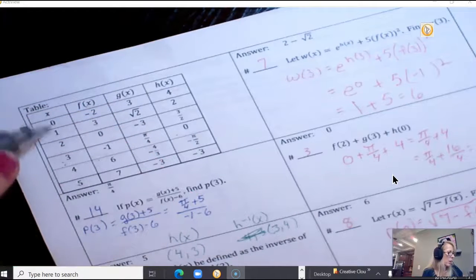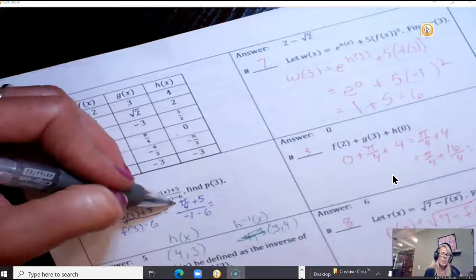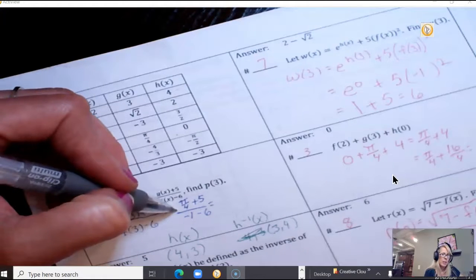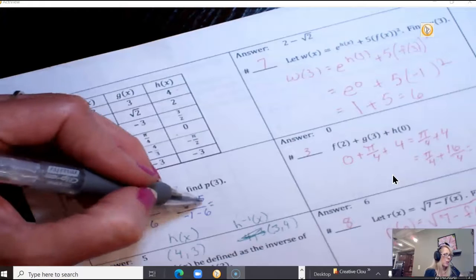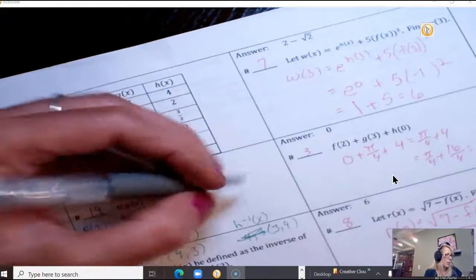Make sure I got that right. Doesn't sound right, but okay. All right, so we're going to see what we get here. Now, in this top piece right here, pi over 4 plus 5, I'm probably going to need to get a common denominator. So this is 5 over 1. I'm going to change that 1 to a 4. It means I multiply.